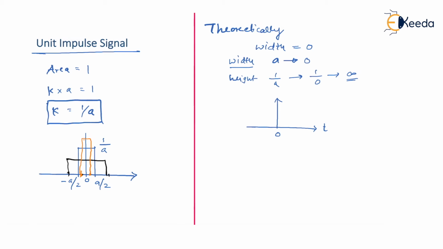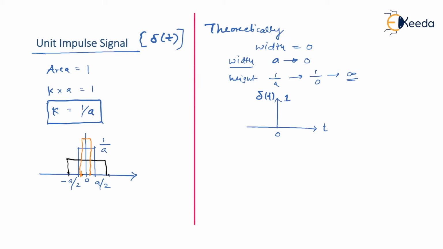So hypothetically, area is still equal to 1, so generally we write 1 here. And let me tell you, delta signal is denoted by a special symbol, that is del of t. So del of t is called a unit impulse signal. Remember that unit impulse signal is written as del of t.